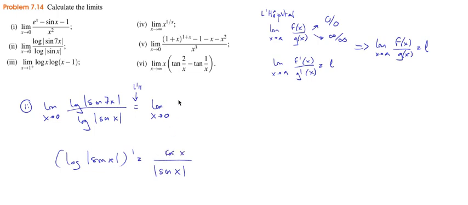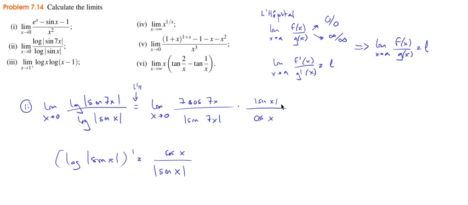Okay, so this is 7 cosine of 7x divided by the sine of 7x, divided by, and then we have the cosine of x divided by the sine of x.